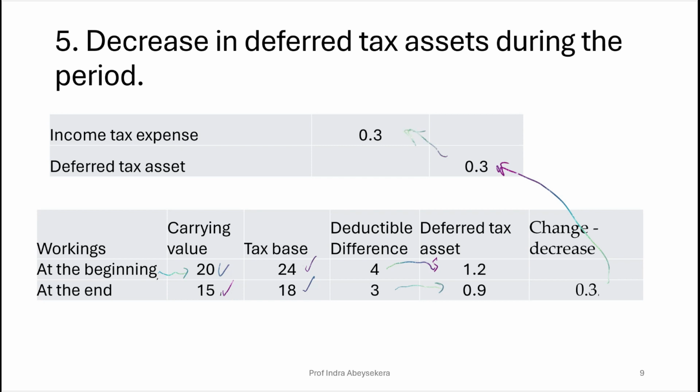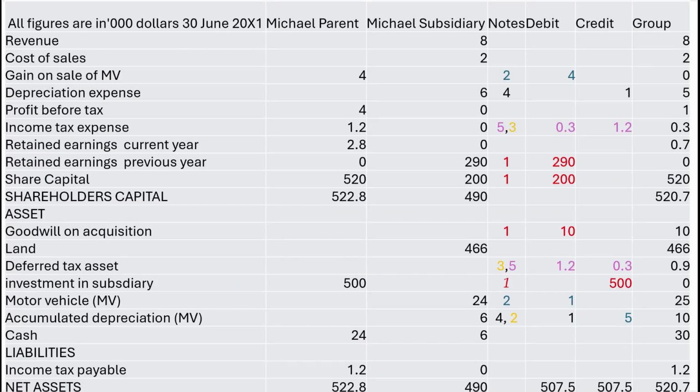Let's now look at the consolidation worksheet. In our consolidation worksheet, there's Michael parent and Michael subsidiary, and there are notes, and there are debit and credit adjustment columns, and then finally the group column.